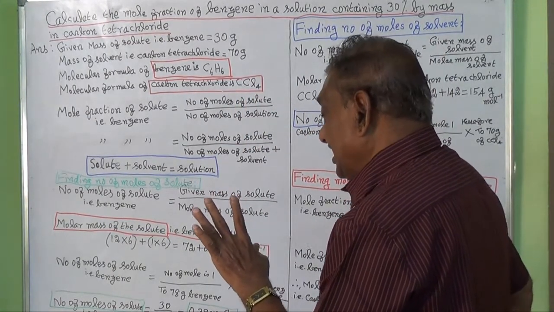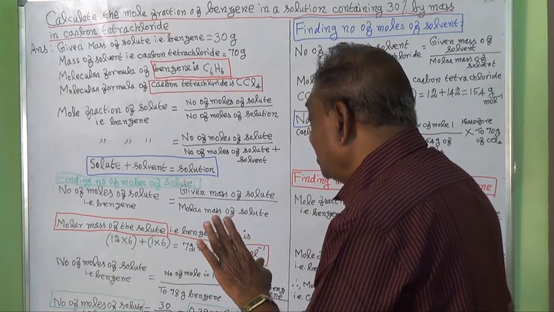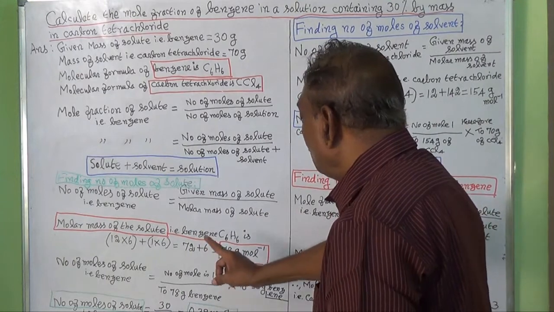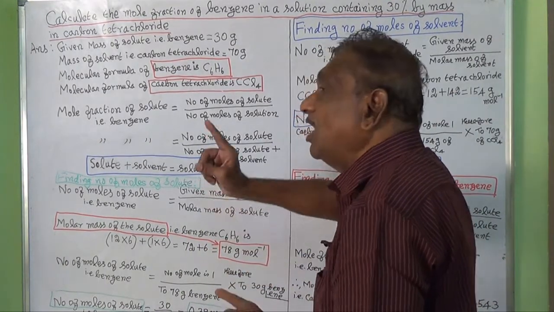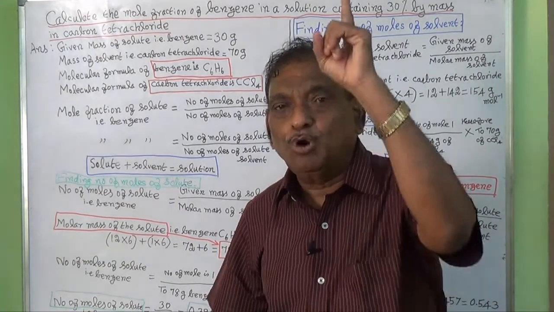If 78 gram of solute is dissolved in the solution, the number of mole will be 1, because in 1 molar mass there is 1 mole.